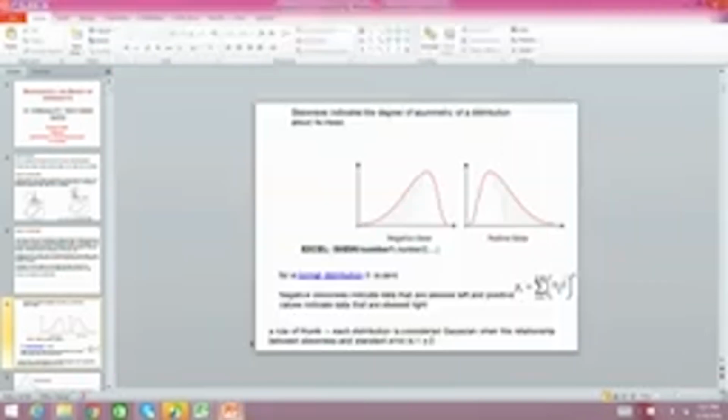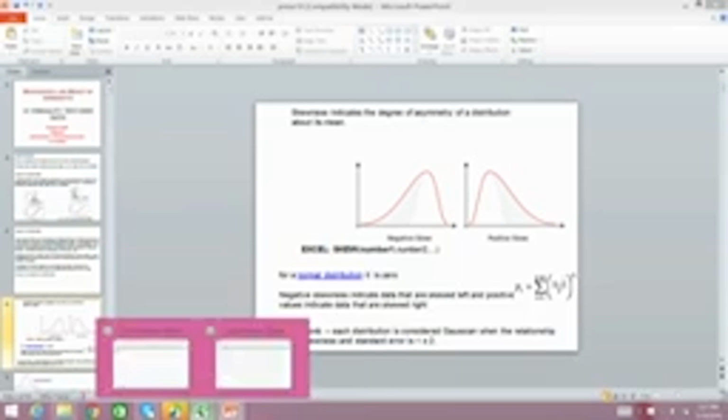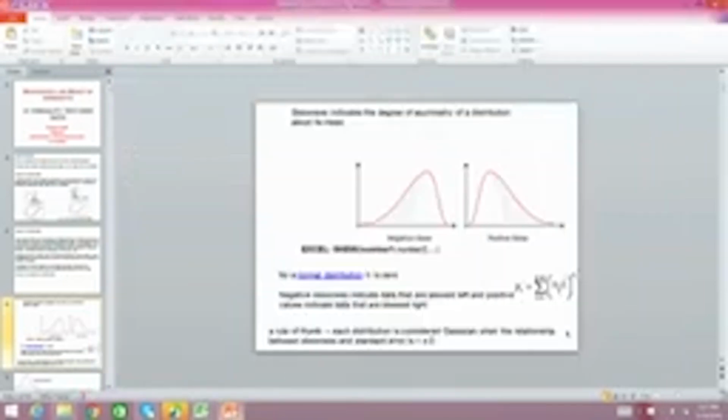The Excel function is there. For a normal distribution, the skewness factor will be 0. A negative skewness means the data are skewed to the left, and positive values indicate data that are skewed to the right. So a positive value will indicate the data is skewed to the right.